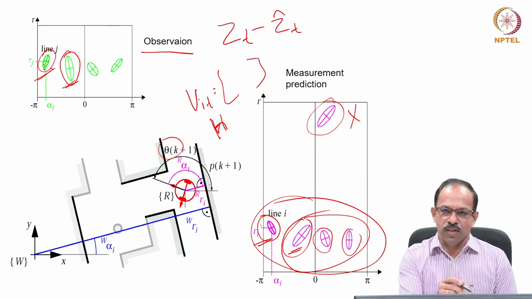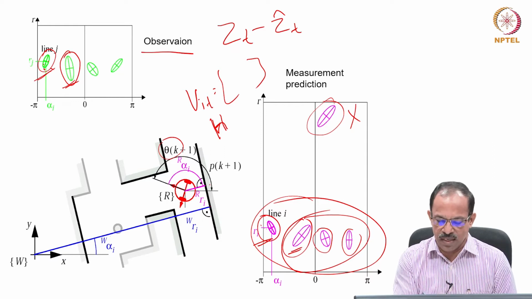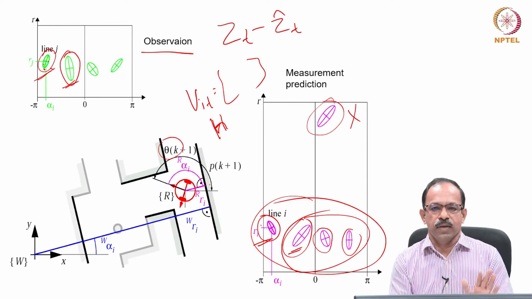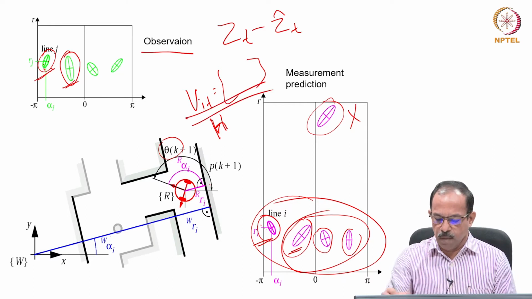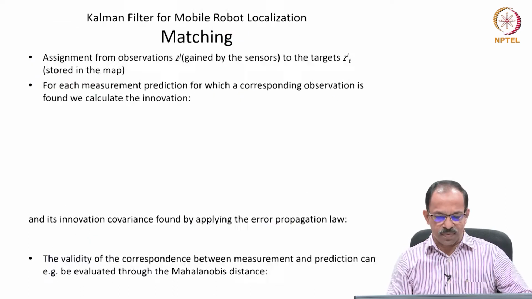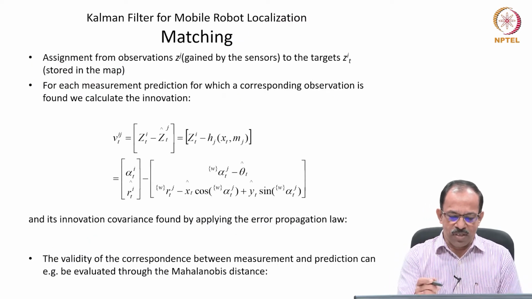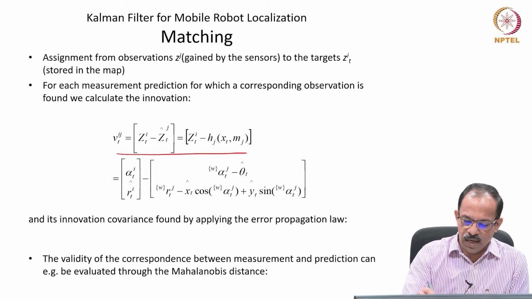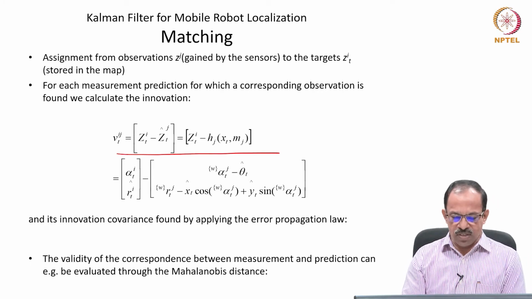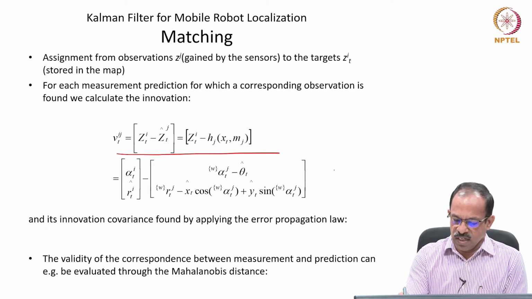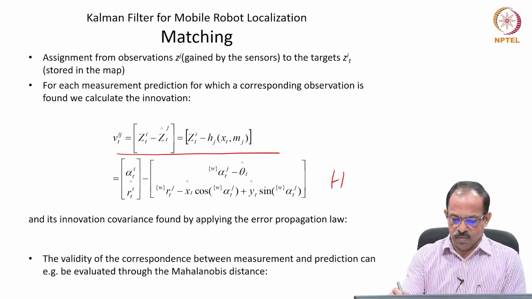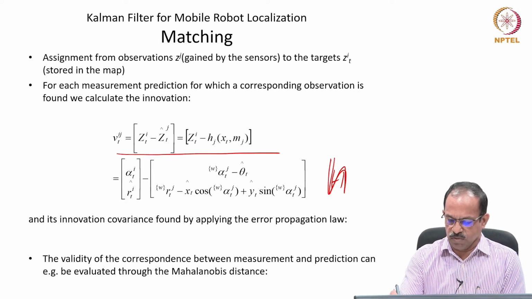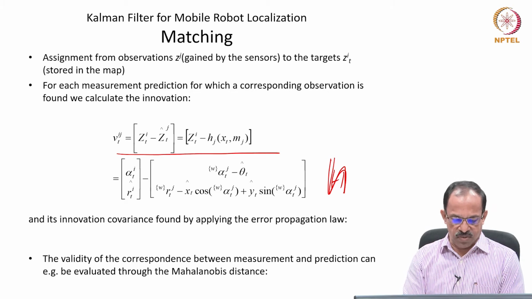So, we will be able to get that H, the transformation matrix, and then we will also get the innovation VIT for the matched features. Okay, as I mentioned, the VIT will be the difference, and this is the H, which is the transformation matrix in this case.